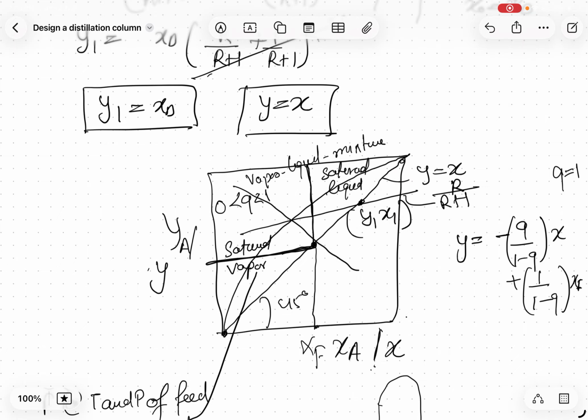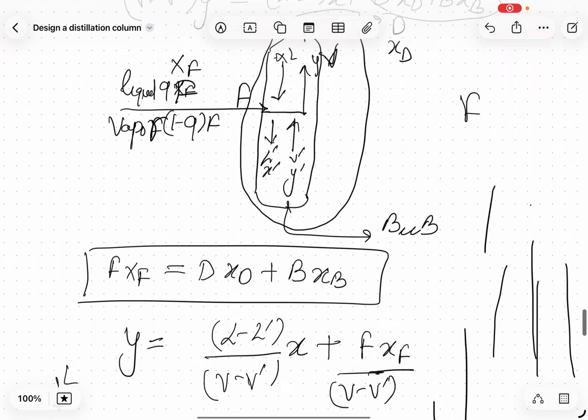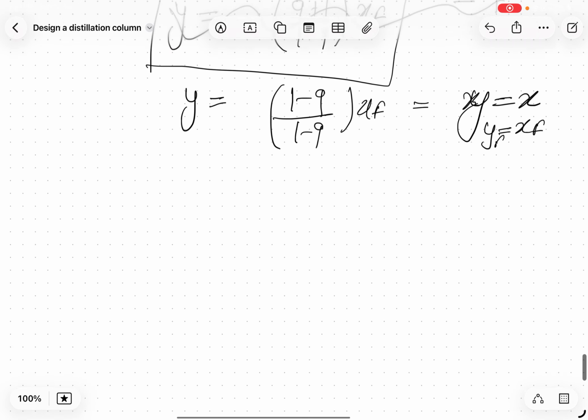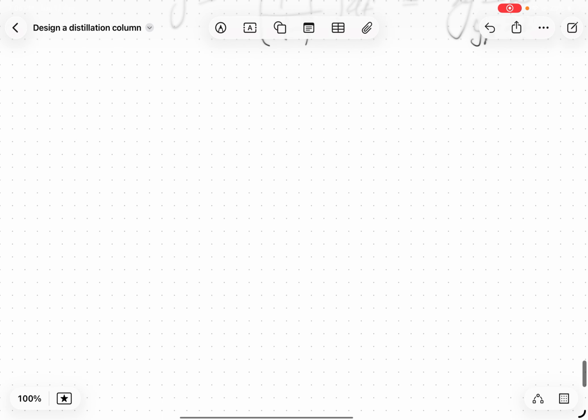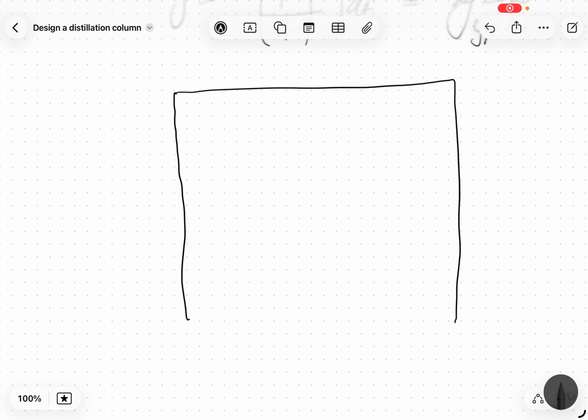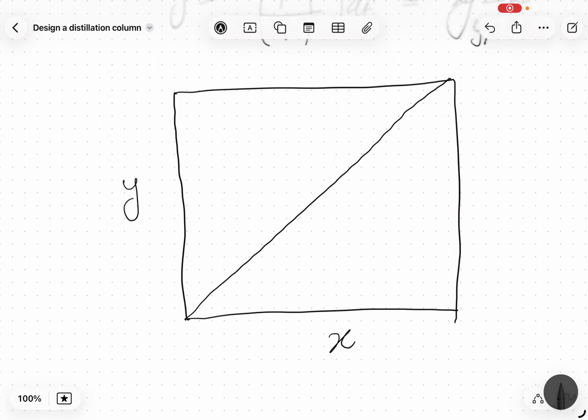So now we have figured out these two things. Let me draw it again and summarize what we have done till now. We have the vapor-liquid diagram for the mixture. Initially I figured out the operating line of the rectification section.